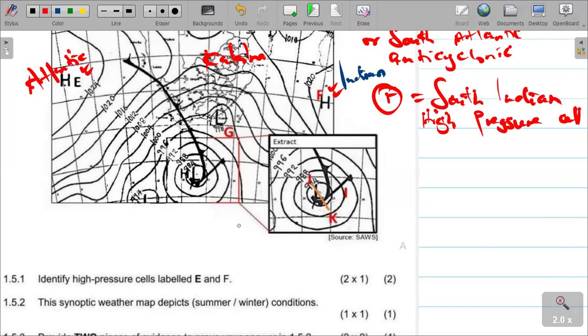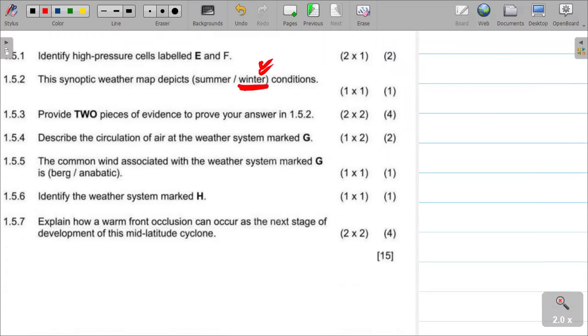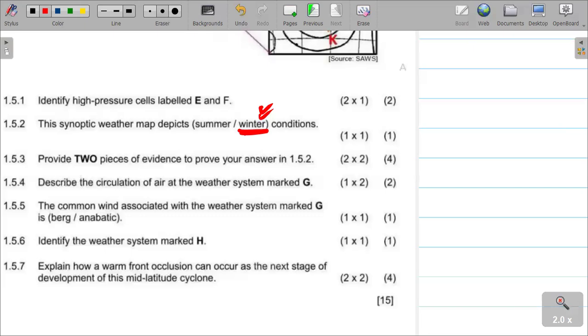As you can see, we have the predominance of the cold front that we are seeing there. It identifies that this can be winter weather conditions, and state two pieces of evidence to prove that.